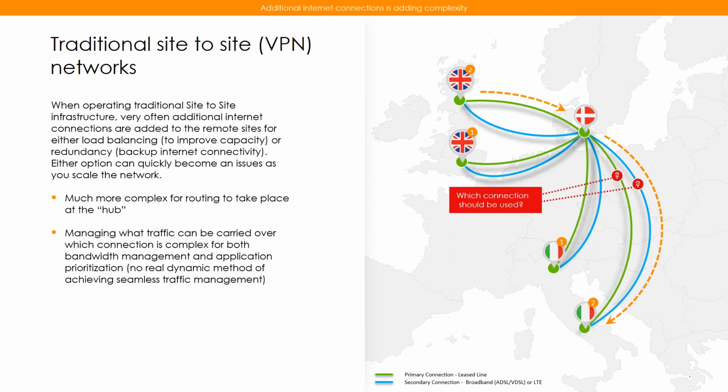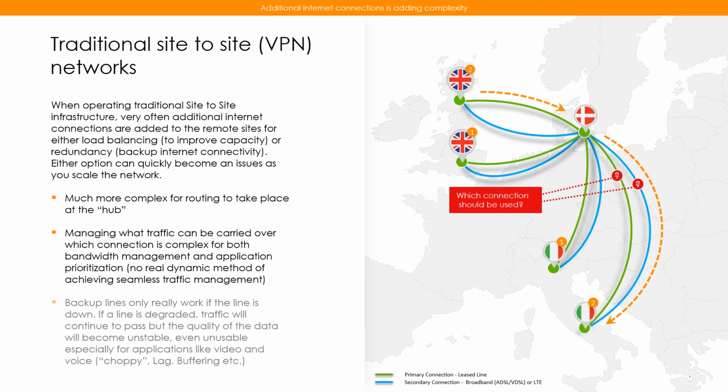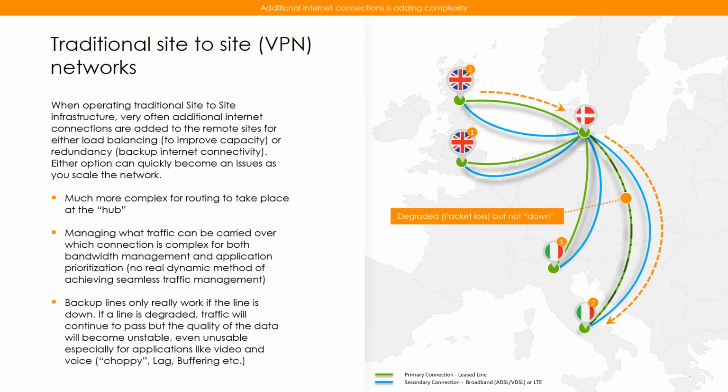The primary connection can be a fiber or a coaxial, and then you take a secondary connection, maybe DSL or LTE, and then we can, of course, move from one line to another. So if one line is degraded, then we can move to the other one. So that's something we can do to create a backup like this. So the primary is degraded, and then we can move to the other one.